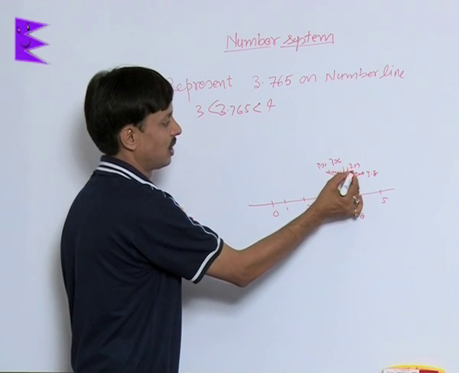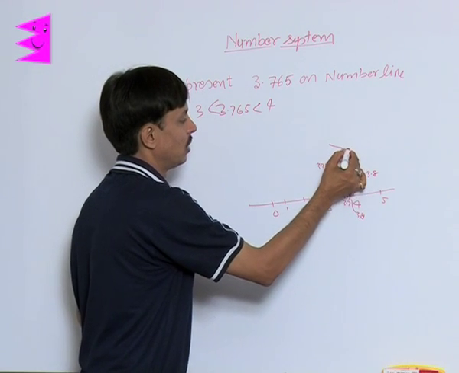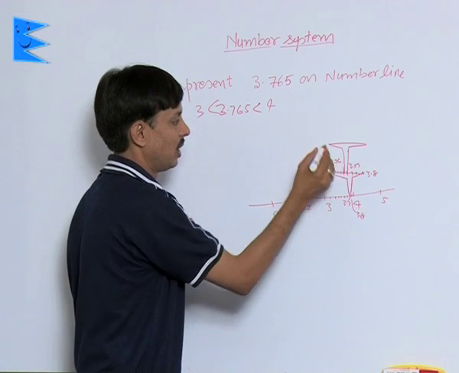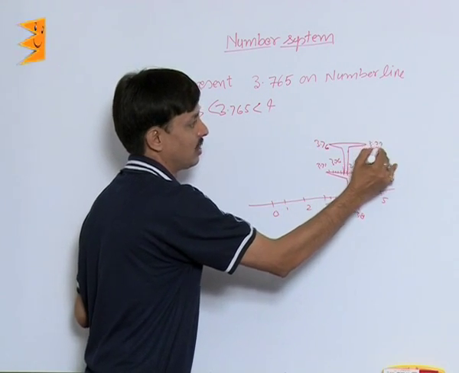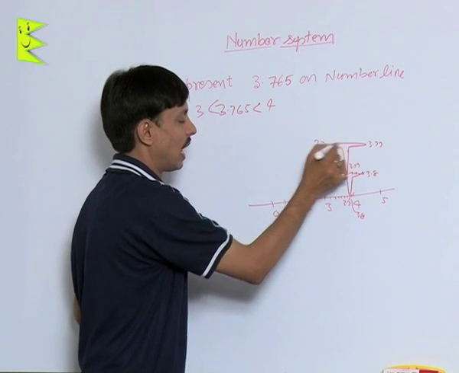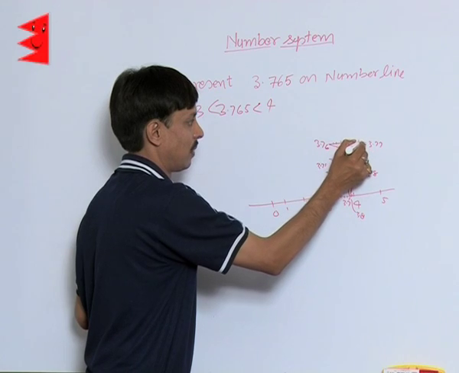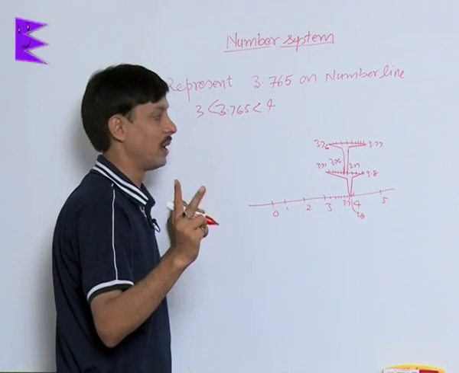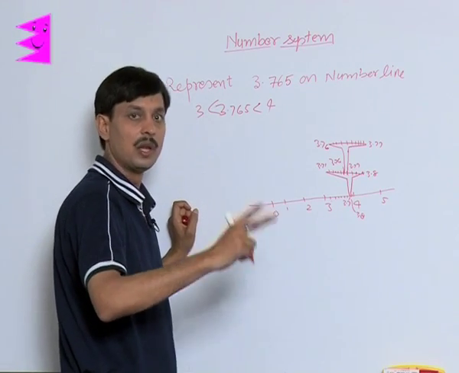Between 3.76 and 3.77 there lies what? There lies this one, 3.765. Between these two I am dividing into 10 parts. If I cut a rope 2 times, there will be 3 pieces. If I cut a rope 1 time, there will be 2 pieces.